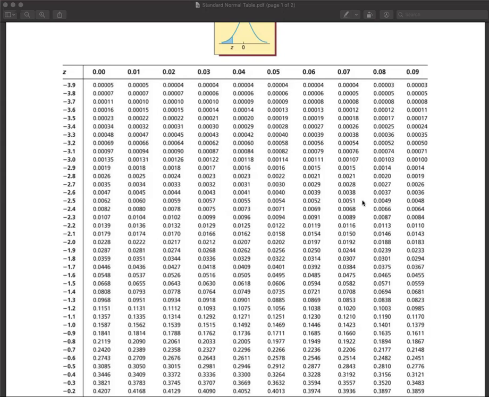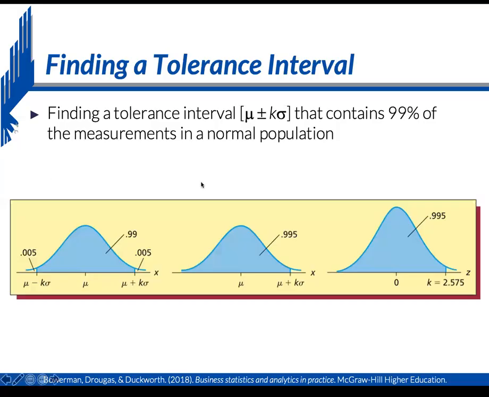So like what was discussed earlier, when this happens, we get the average. That's negative 2.57 and negative 2.58. So the z-score must be negative 2.575. So this value is negative 2.575 to the left of the mean, and this is 2.575 to the right of the mean.